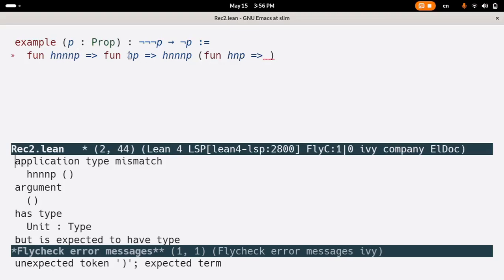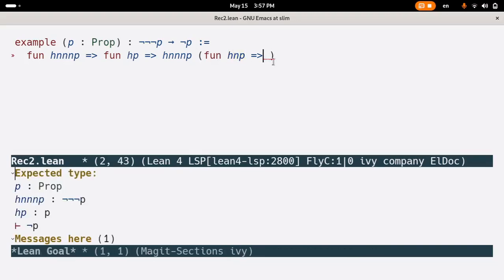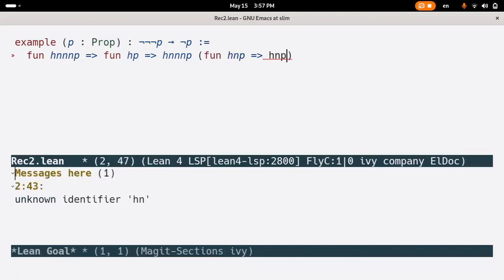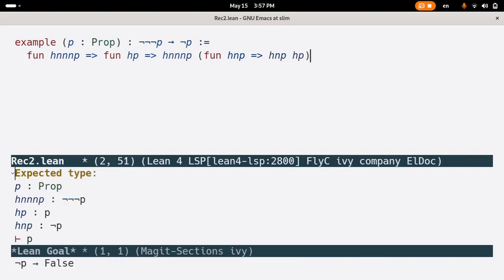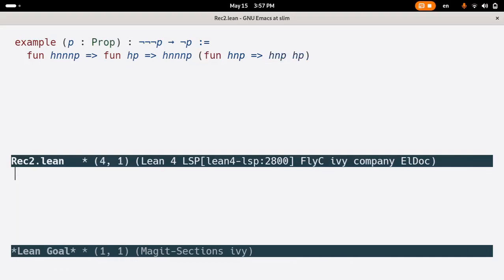So observe, I have three proofs with me: proof of not P, proof of P, and proof of not P. And I can apply the proof of not P to the proof of P to generate false, and I am done.